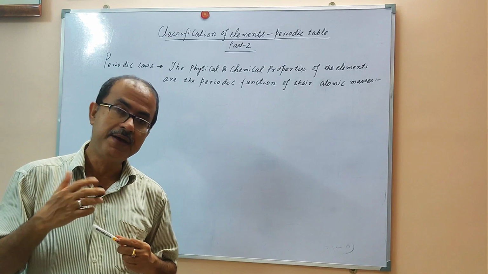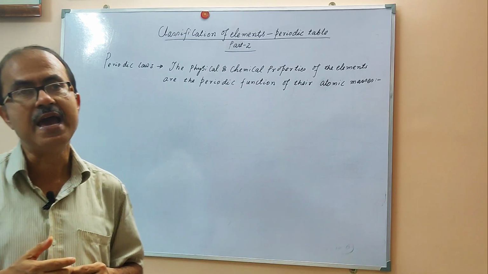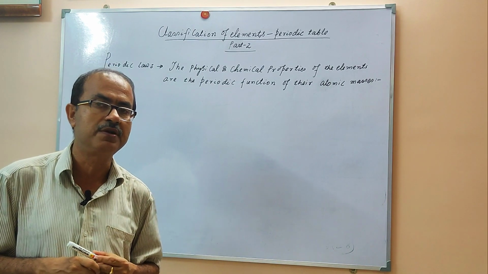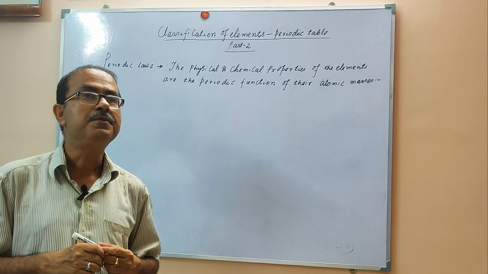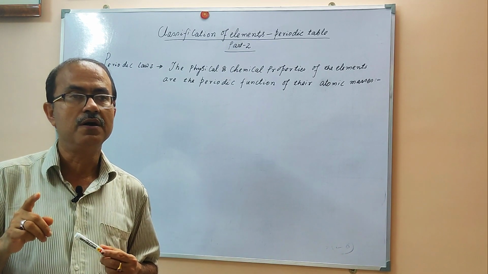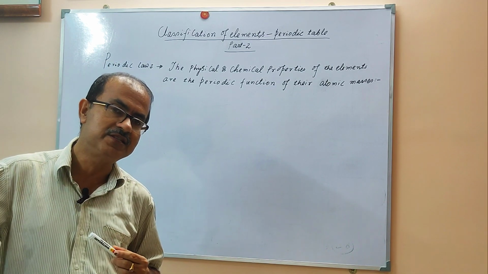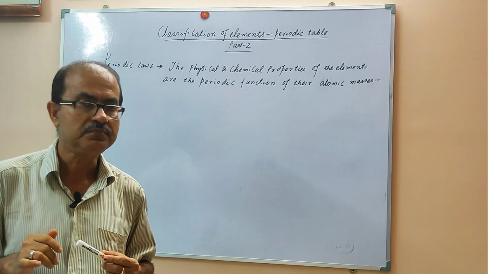After the discovery of the inert gases, another group was added to Mendeleev's periodic table, that is the zero group. In Mendeleev's periodic table, the elements are arranged in order of increasing atomic masses.